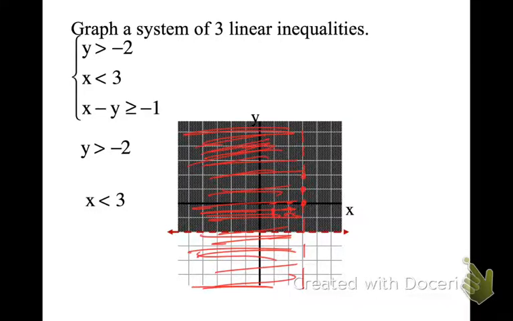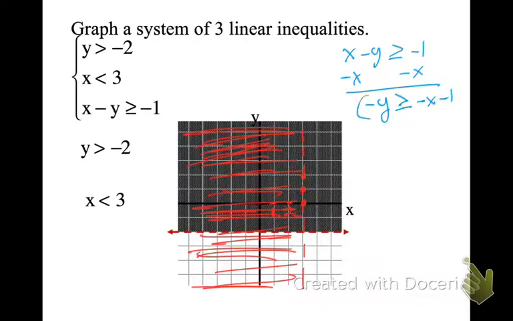And now we're going to do our third one, which is x minus y is greater than or equal to -1, and so I'm going to subtract x. -y is greater than or equal to, sorry, that's weird, greater than or equal to -x minus 1.